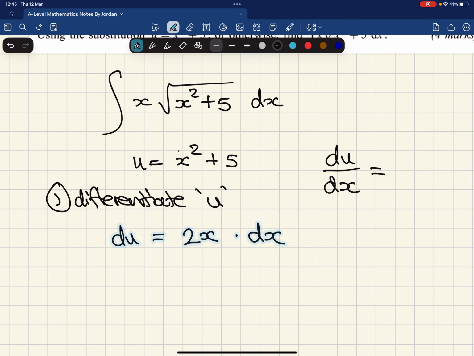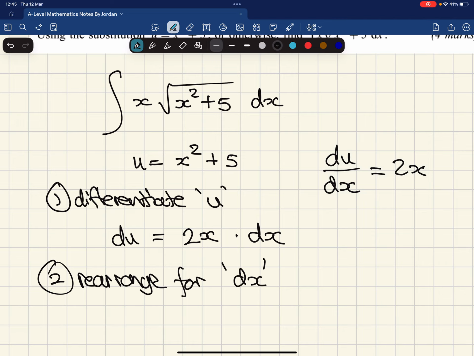Then we differentiate this expression, which gives us 2x. Again, you can then move the dx to the other side, and it gives you what I have here. But the goal here, remember, is to always get rearranged for dx. So rearrange for dx, because remember you have one there.